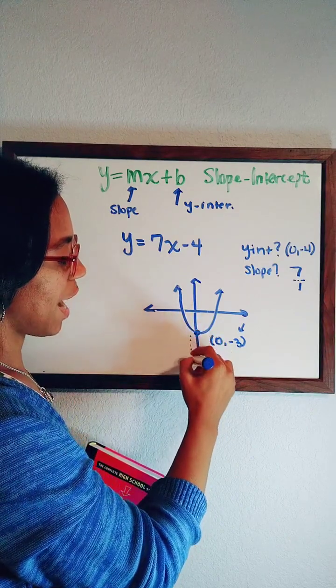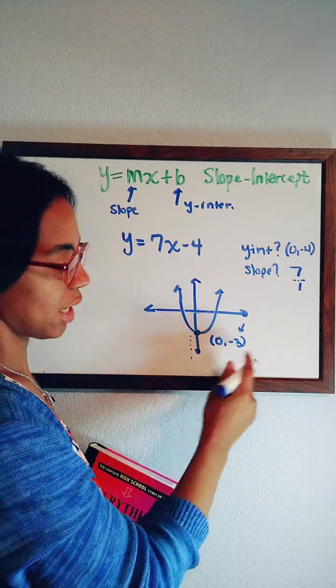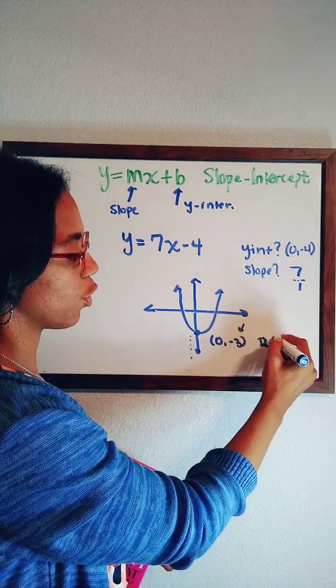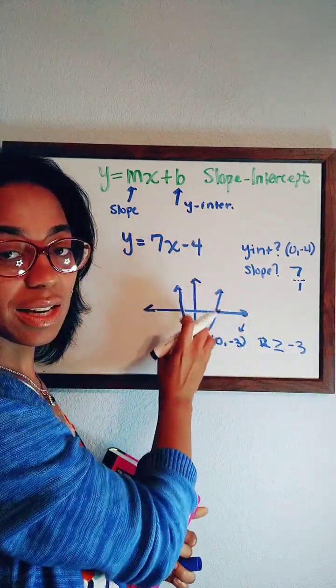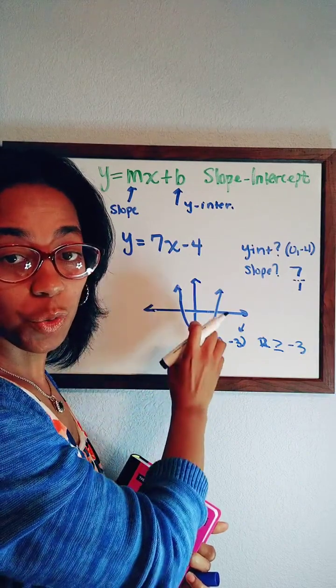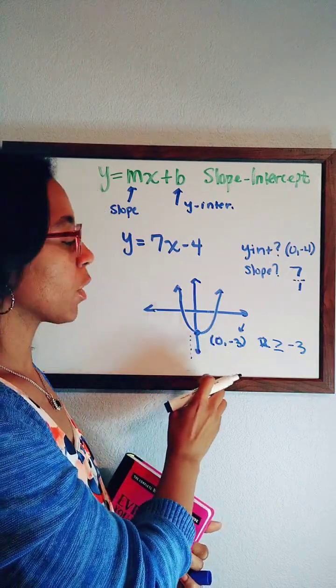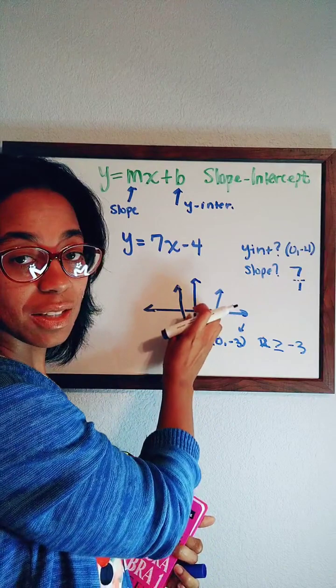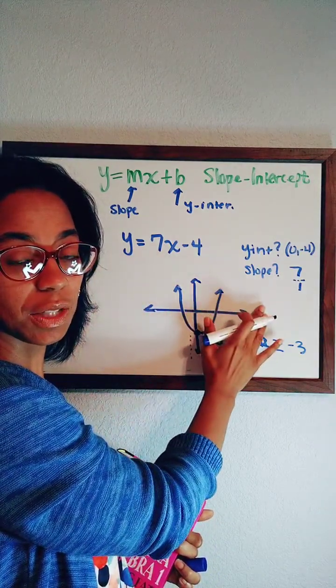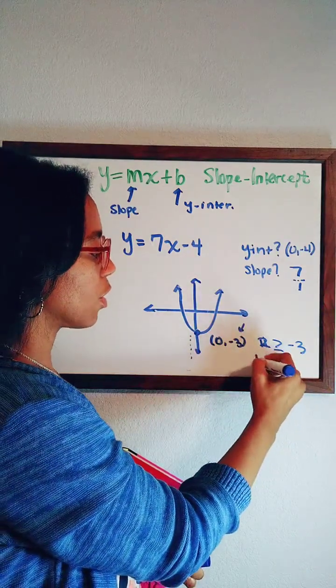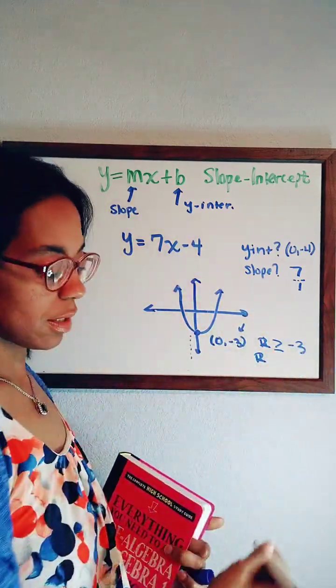This graph does not extend down past -3, therefore your range will be all real numbers greater than or equal to -3. Nothing past that will work. As far as your domain, because every value of x is covered from positive infinity to negative infinity, that would be your domain. So for my class, it's all real numbers.